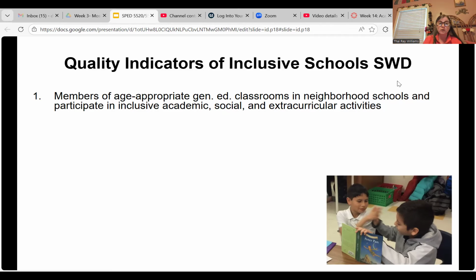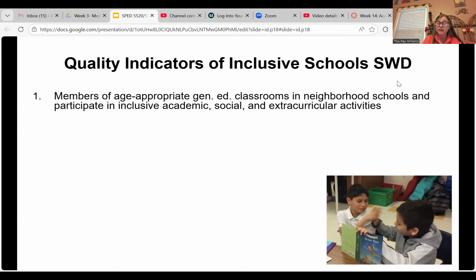All right, so one of the quality indicators is that students with disabilities are members of age-appropriate general education classrooms, and those classrooms are found in their neighborhood schools. They're not bused away to a school because that's where the program is. They are housed in their gen ed school with their same age non-disabled peers. But not only are they members of those neighborhood schools, they are participating in inclusive academics.